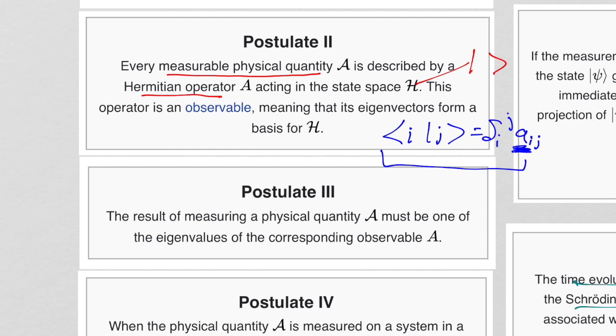So we now know that for Hermitian operators, the eigenvectors would certainly be nice for a basis because they're orthogonal. The problem is, are they complete? Do they span the ket space? Because if you don't span the ket space, you can't be a basis.